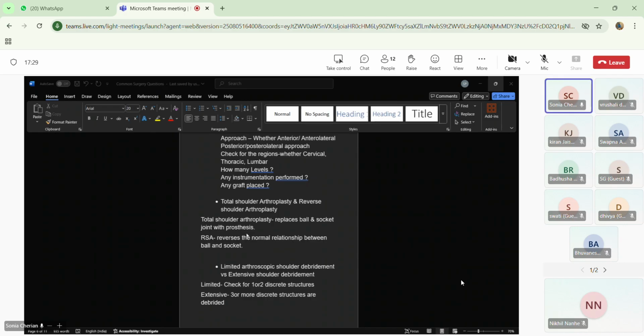So this is one scenario they will ask you, might be with an example or some chart. If that is the case, listen to the question properly. If the three structures are of different areas of the shoulder, then you can take it as extensive debridement. But if the structures are inclusive to the other procedures, if they are doing a big procedure on the same structure they are debriding, then you cannot code debridement.